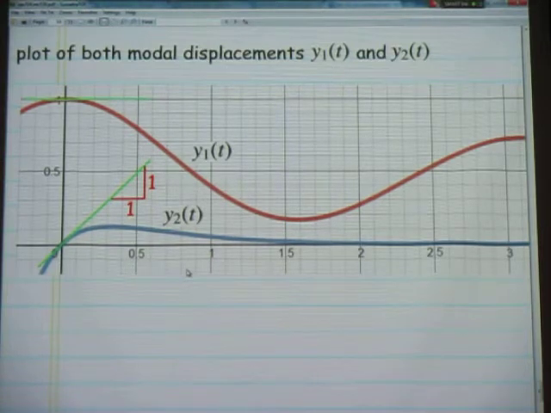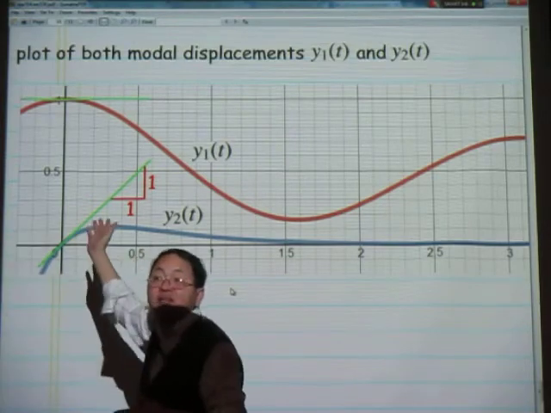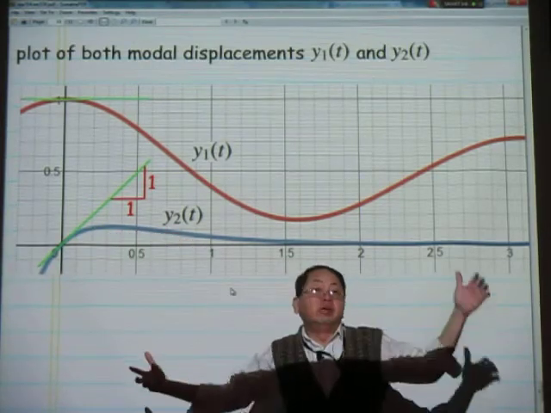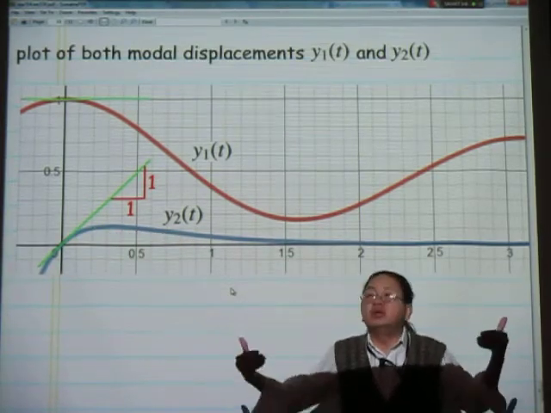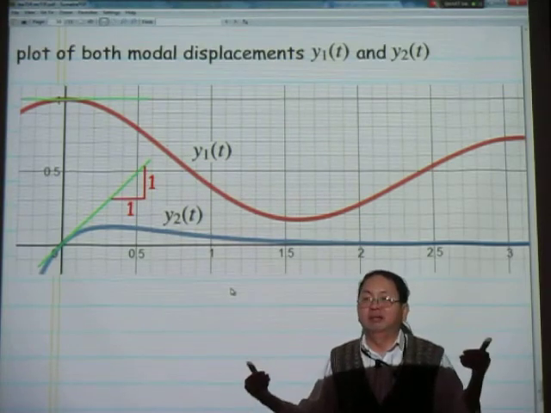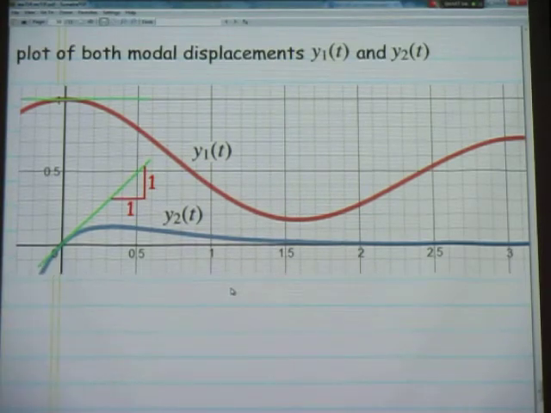We have completely solved the two uncoupled equations called the modal equations. Now we need to use this result, recombine them, and get the original displacement. That's the goal of the hard work that we did since the beginning of the semester. And this is the final step. Put them together.